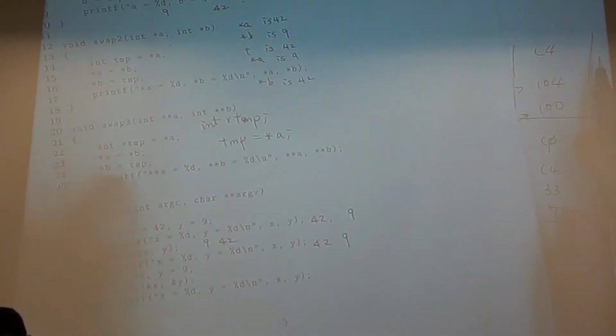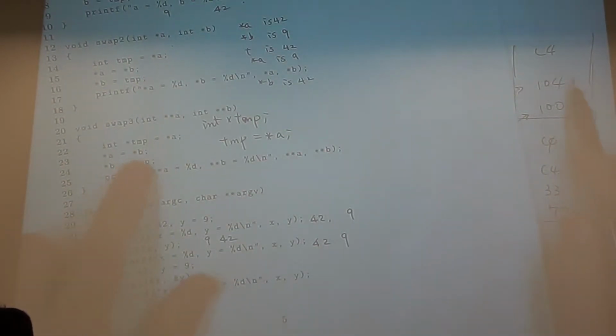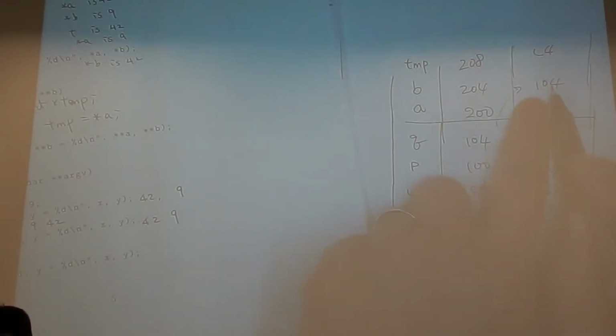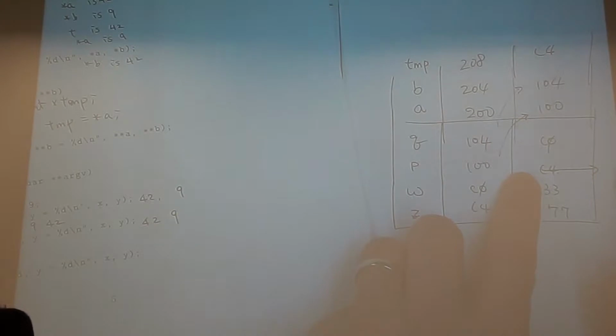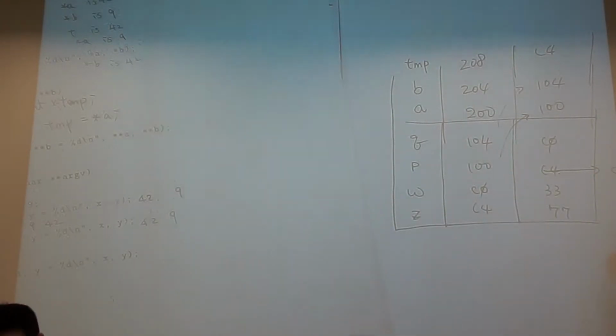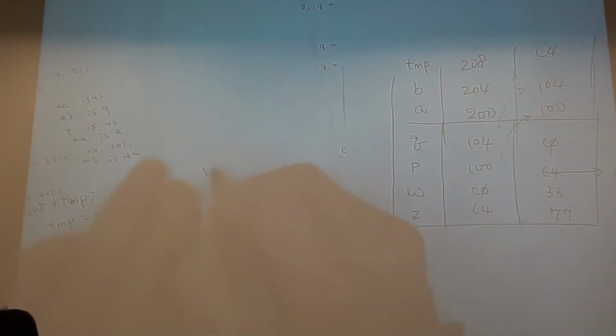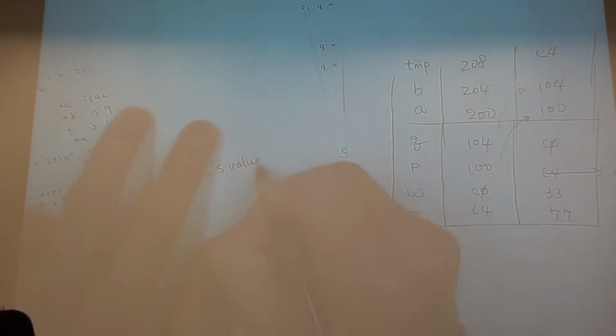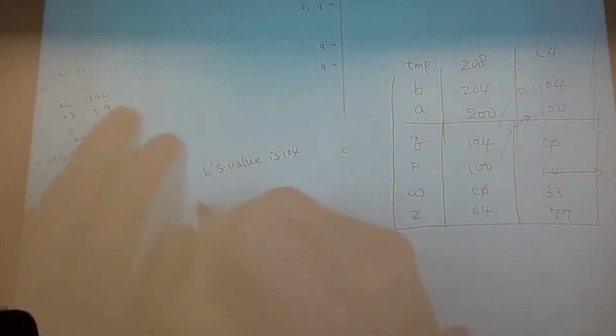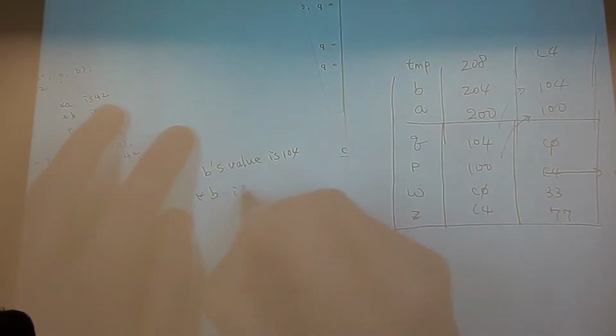Then star A equal to star B. Star A is at 100. Star B is at 104, so I read from 104. So that means I change this to C0. B's value is 104. Star B is the value at address 104.